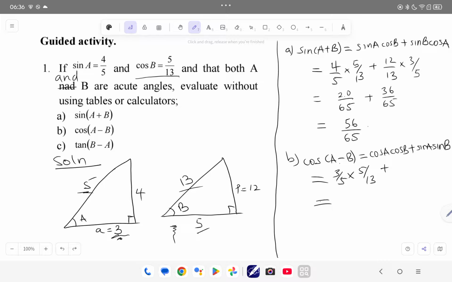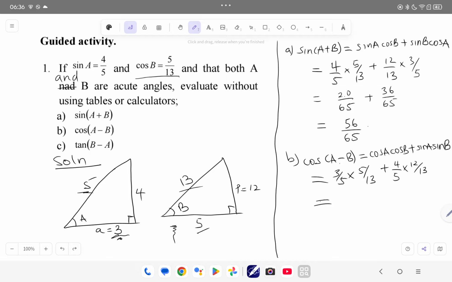Sin A is 4 out of 5, opposite over hypotenuse, and sin B is 12 out of 13.